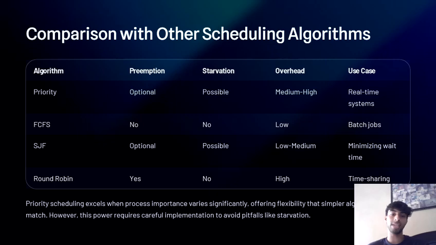In round robin, there is preemption, there is no starvation, high overhead, and it is used in time sharing systems. Priority scheduling offers the most flexibility, especially when process importance varies, but it must be implemented carefully to avoid issues like starvation.